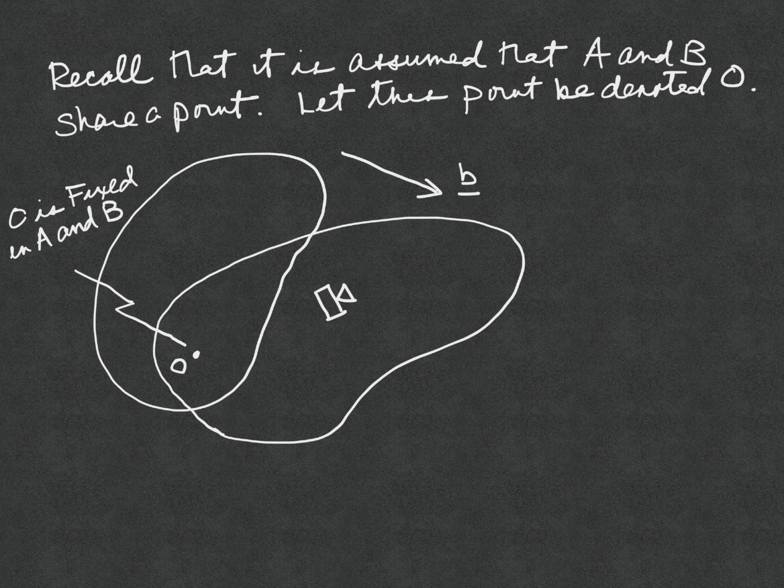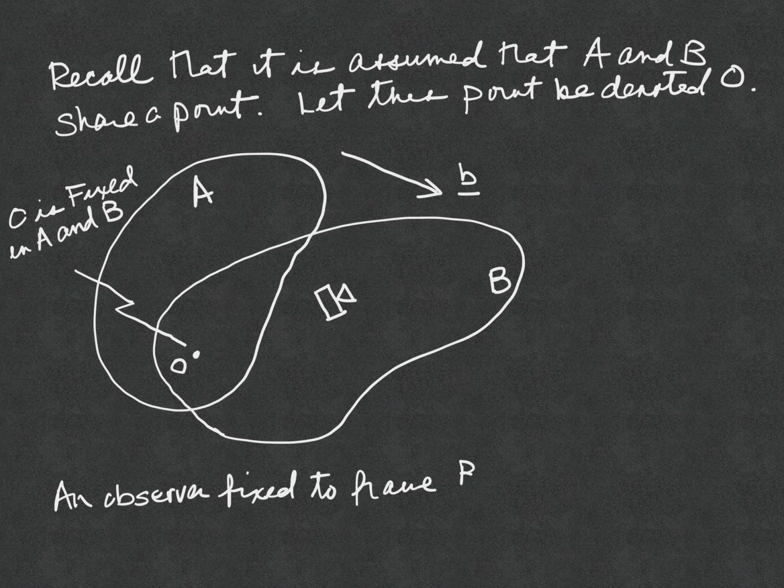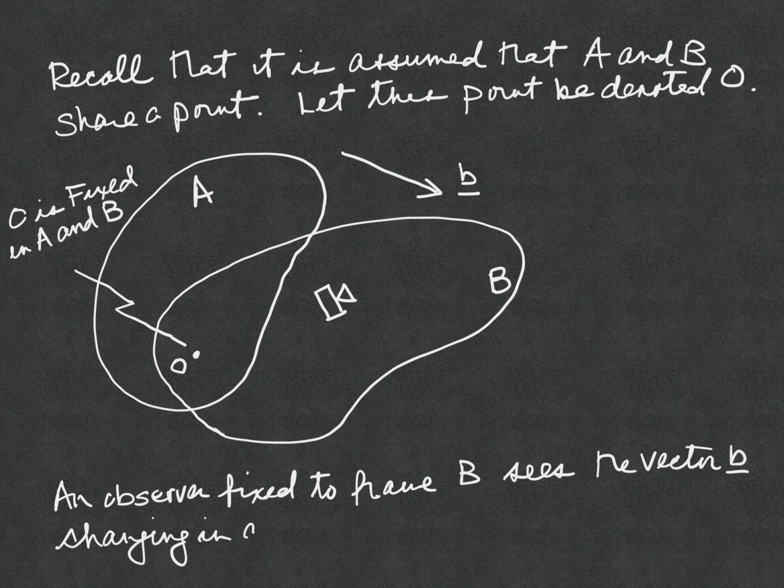What the camera sees, as the frame moves and as the vector changes, is how vector B is changing in reference frame B. So an observer fixed to frame B sees the vector B changing in a particular way.